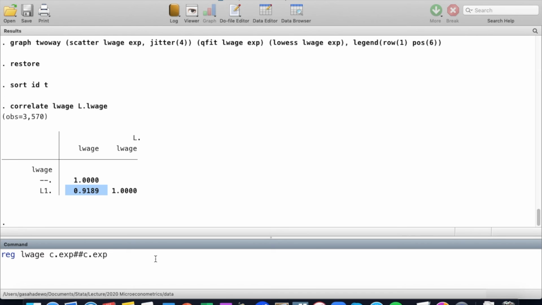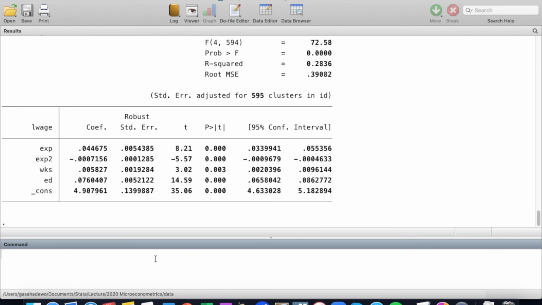This is the way I write it, or you can just use experience and experience square; it doesn't really matter, it's the same. And then I'm going to use cluster ID, and I'm going to predict the residuals and name the predicted residuals u hat.